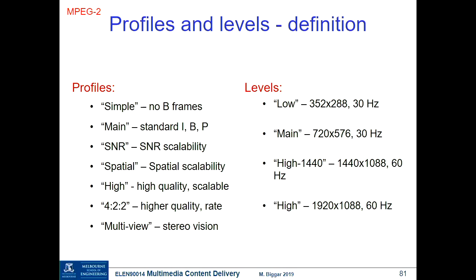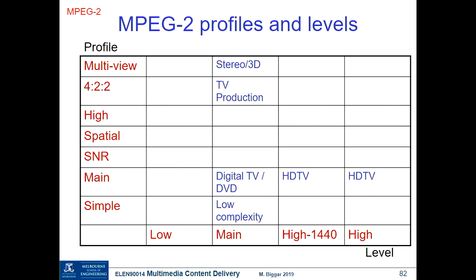So maybe I want a main profile format that includes the IBP structure, and I want to operate it at standard definition TV resolution, but also high definition TV resolution. And so hence the two dimensions, which can be represented slightly differently here, where we have the profile of different functions and the level of different resolutions.